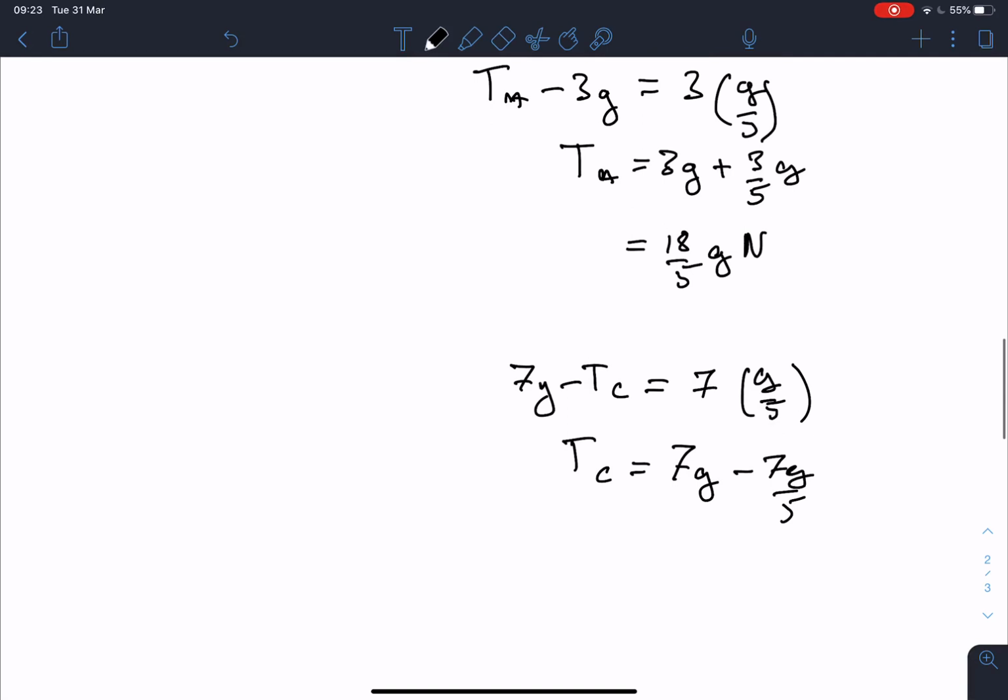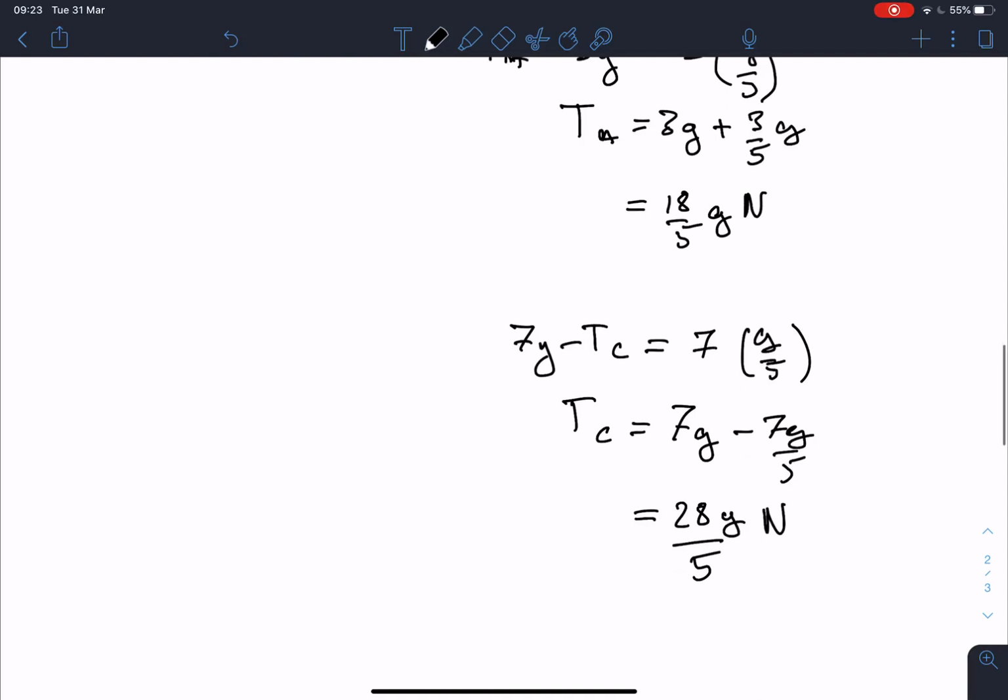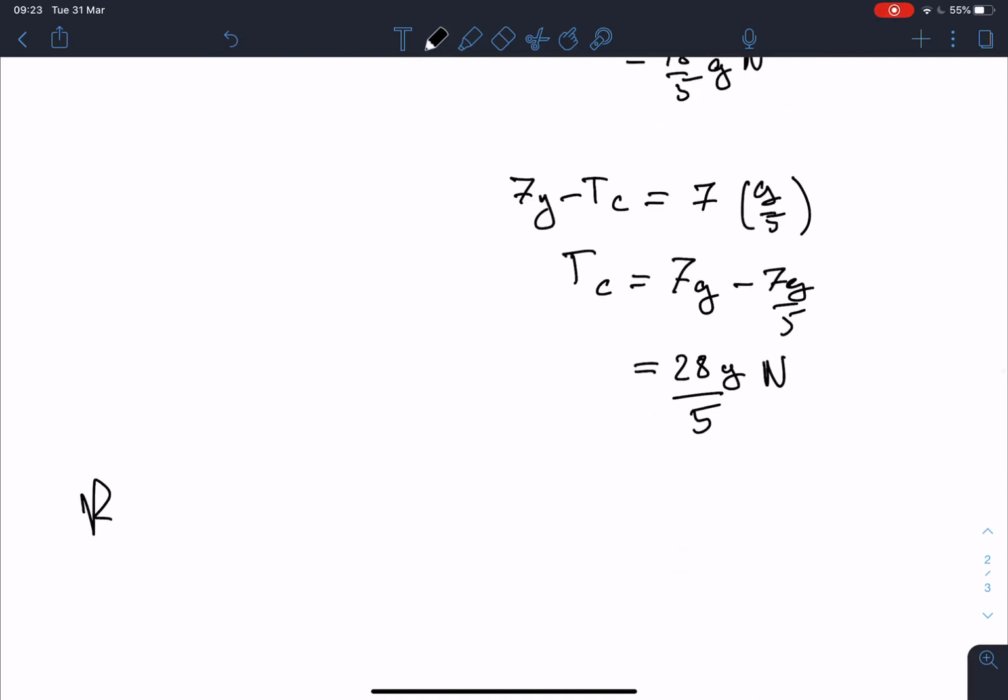So TA is equal to 3G plus 3/5 G, which means we've got 18 over 5 G newtons.